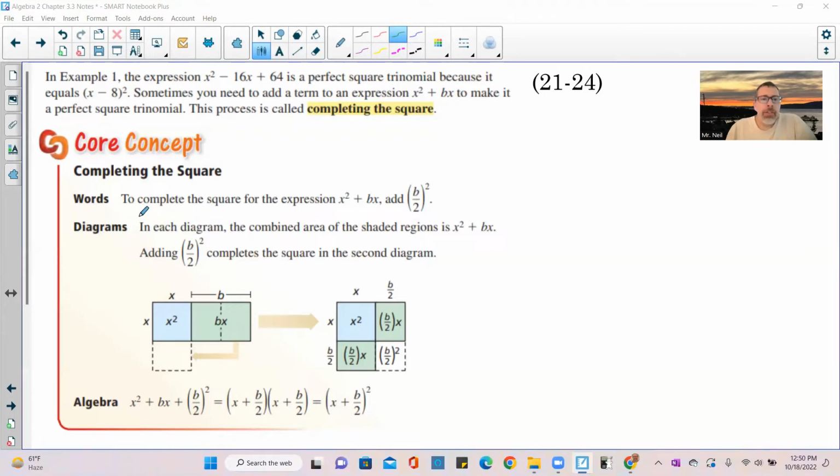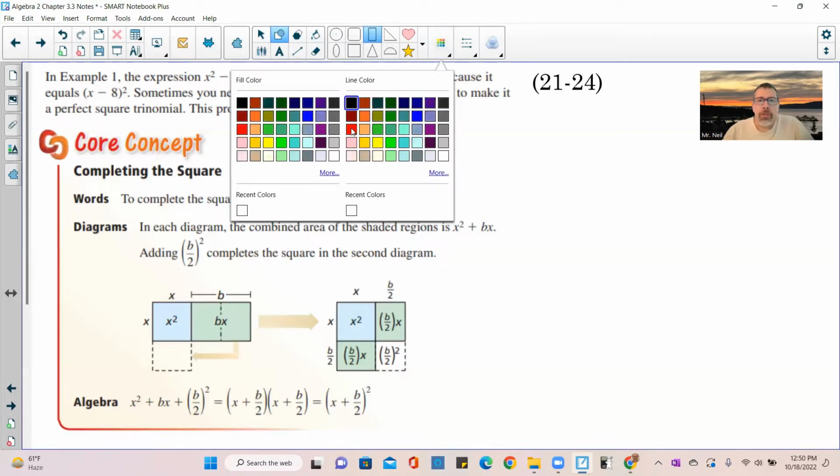Diagrams: in each diagram, the combined area of the shaded region is x squared plus bx. Adding b over 2 squared completes the square in the second diagram. So let me try to explain that a little bit better. Let me change the color to line color red.